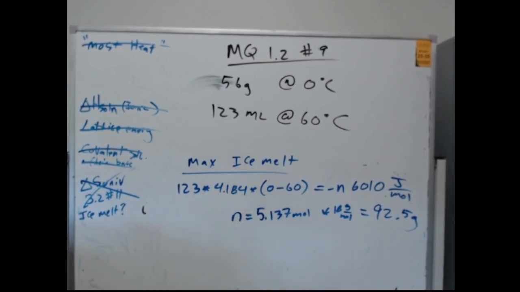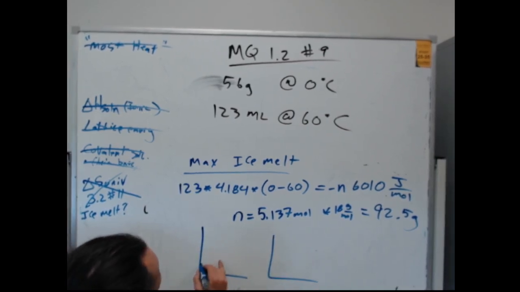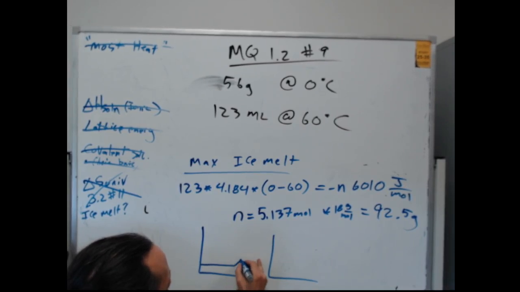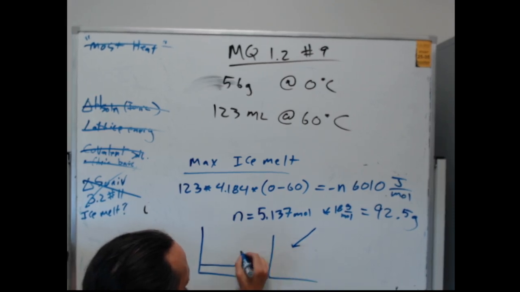Do I have more or less ice than 92? My ice number is smaller than 92. All of my ice is going to melt. Not only is all of my ice going to melt, I'm going to have leftover energy. That leftover energy means that, in terms of energy curves, all my ice is going to melt and it's going to warm up some while my hot water is cooling off.